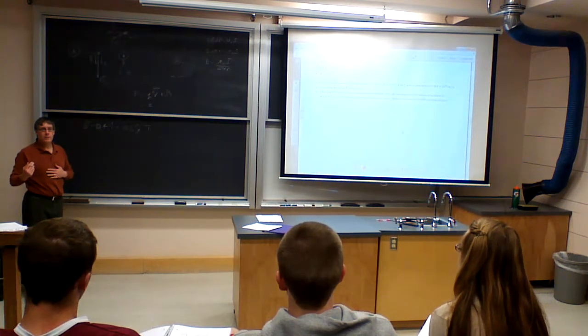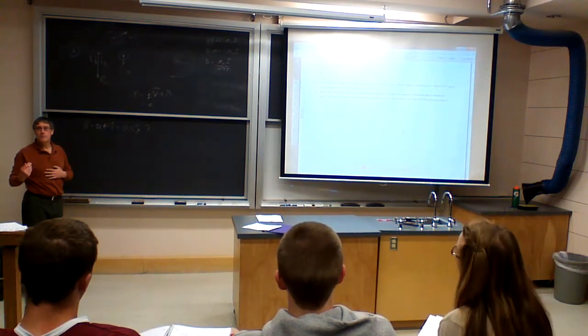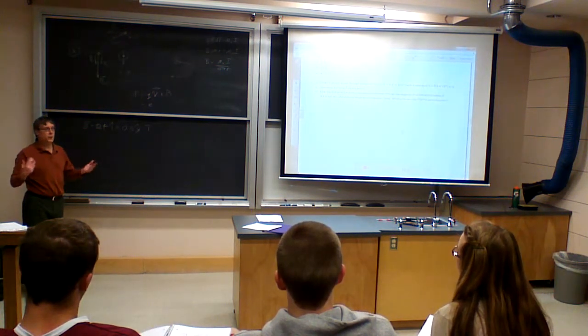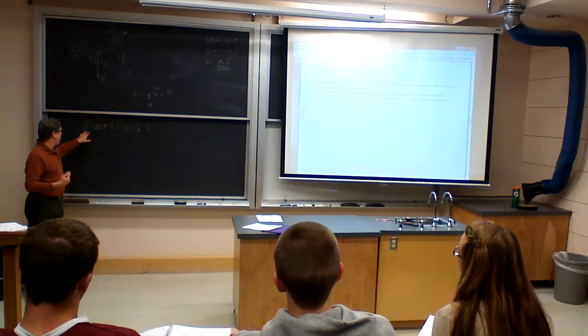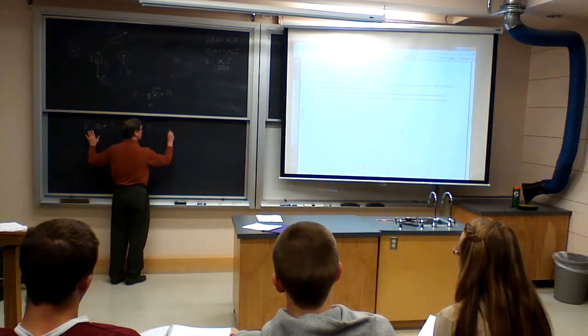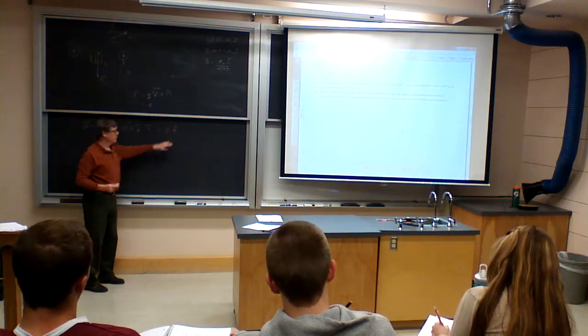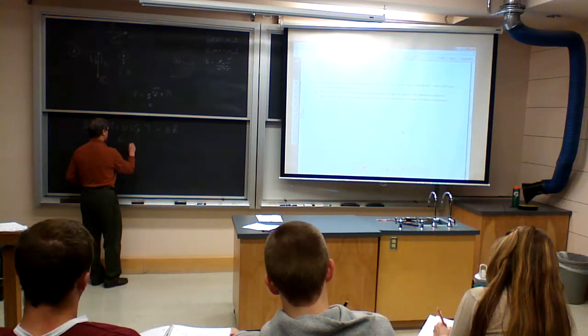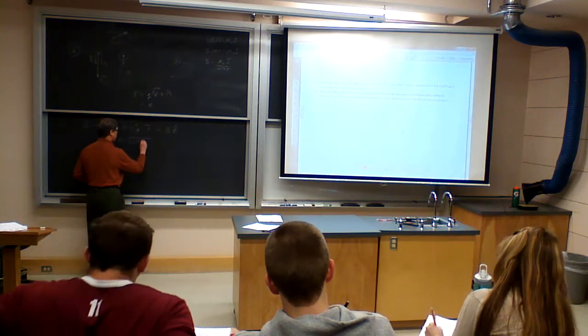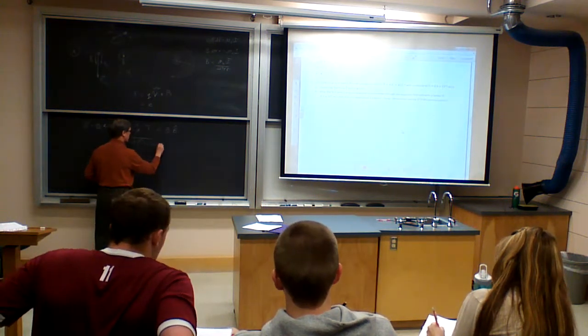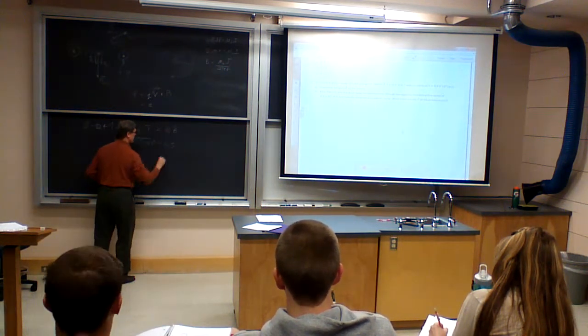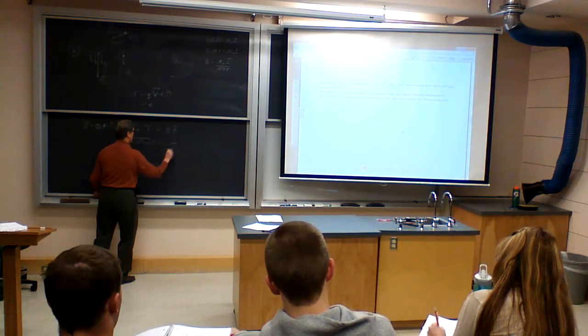What's the easier way? A vector has a magnitude and its direction. We know that that is equal to B hat, right? Isn't B hat the direction? Yeah. So what's B? B is equal to the square root of 0.4 squared plus 0.3 squared, which equals 0.5 Tesla.